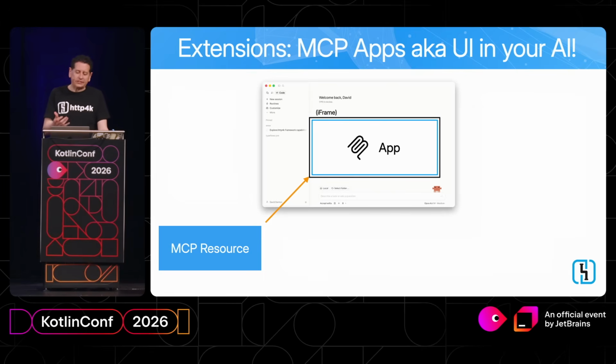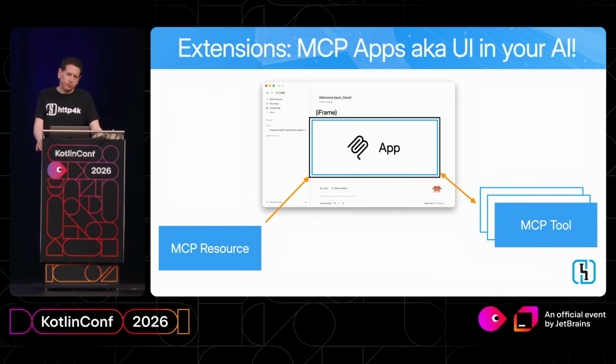Now, if we want to interact between our MCP app and our MCP server, we're going to use MCP tools to do that. The application sends a message to the iframe, which sends a message to Claude, which wraps that up in an MCP call and calls into the MCP server, and then does the reverse and puts the values back into the application.